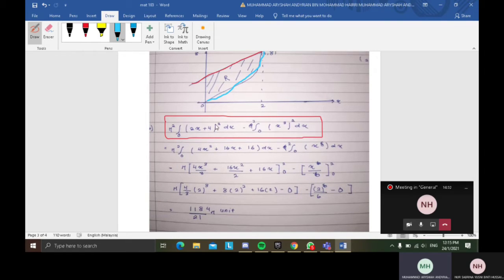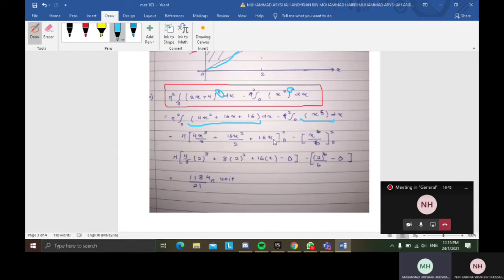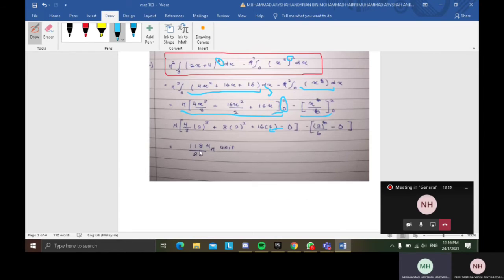And then just expand them like this, your square, and expand them carefully to not make any mistake here. And then after you expand them, you need to integrate them. Yes, integrate and it becomes this. After integrating, then put in the limits here, and then we get the answer with the unit here.